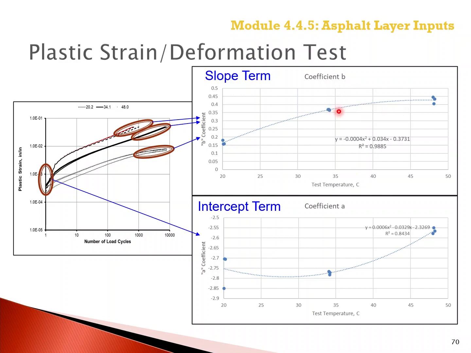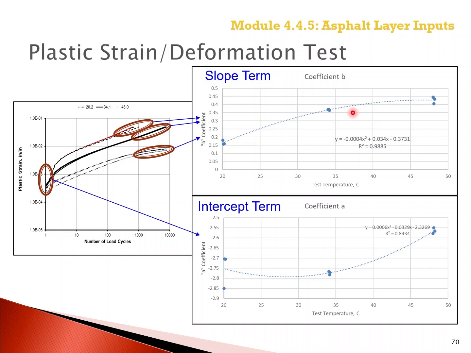The slope can be temperature dependent, but the PMED software only uses one slope term in the asphalt rut depth transfer function.